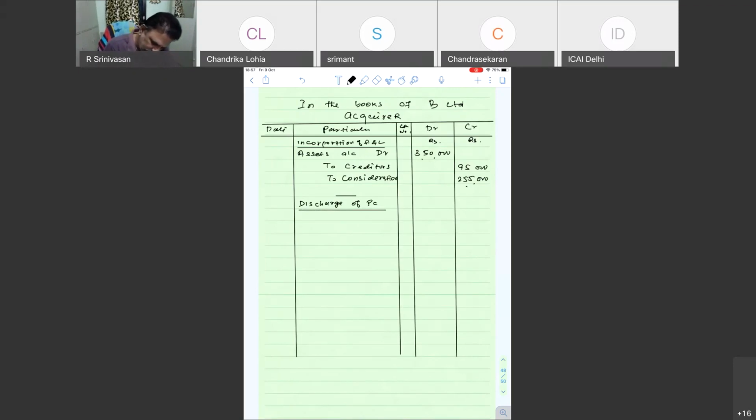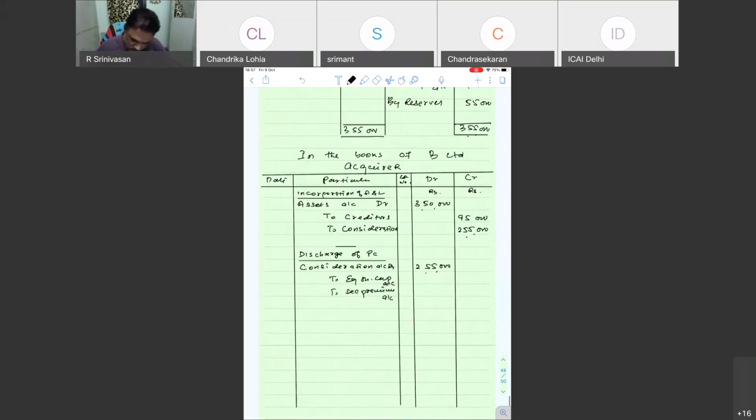So the purchase consideration is debited. Equity share capital, security premium, so 2,55,000.